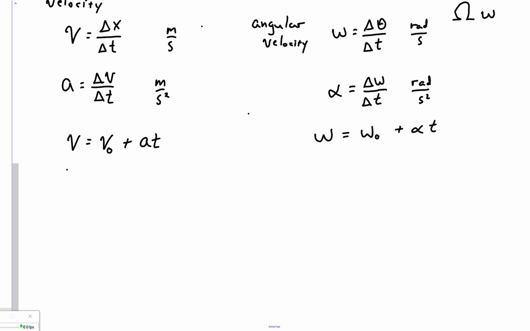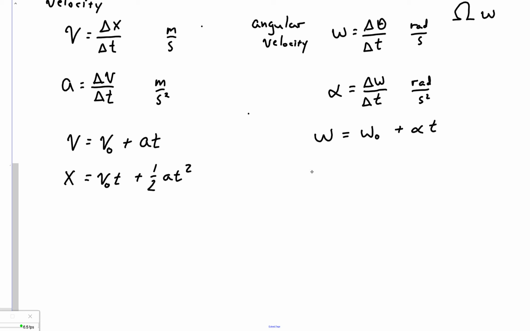Other equations. We know that theta is equal to, well, I'm completely jacking it. I forgot, this is linear problems. We know that x, or delta x, is equal to v sub o t plus 1/2 a t squared.